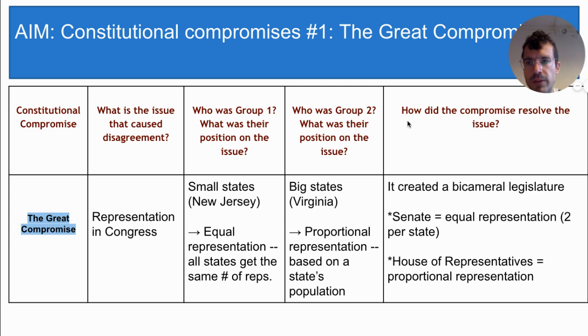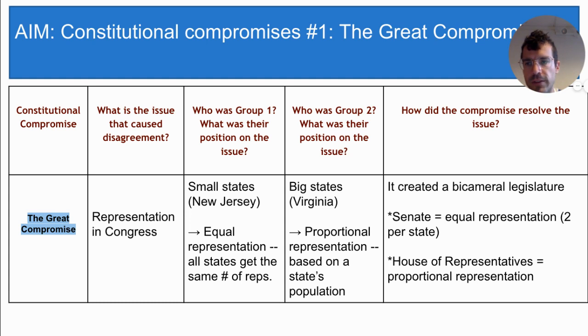If you know something about Congress today, you might be able to guess how these 2 sides came to an agreement. The delegates agreed to create 2 different legislatures, a bicameral legislature. In one of the legislatures called the Senate, each state would get exactly 2 representatives. We call them senators.